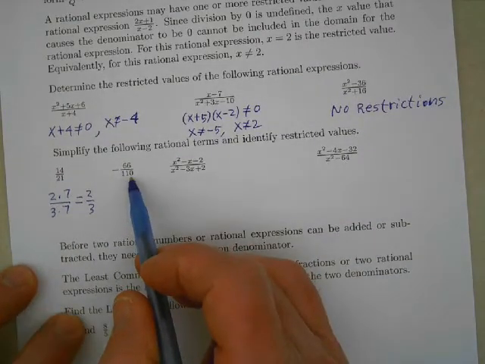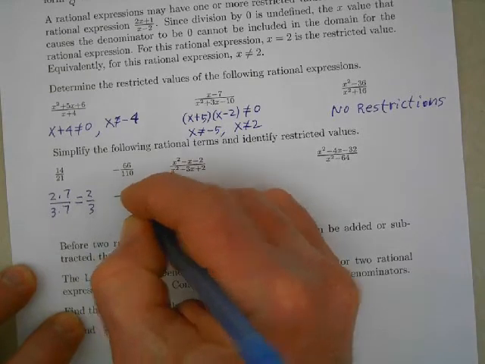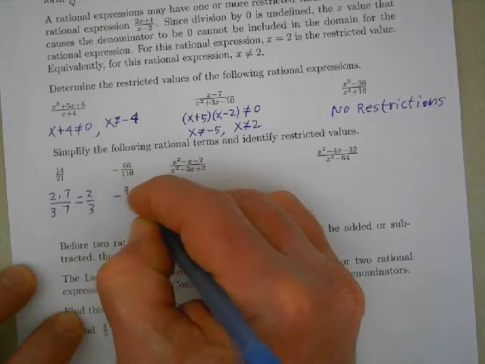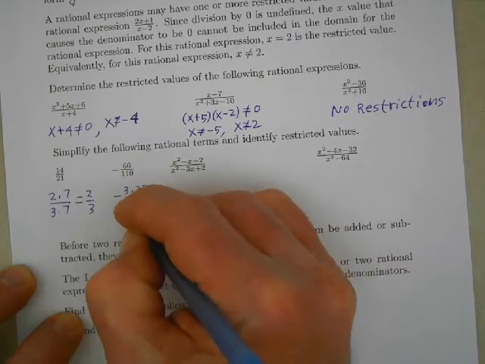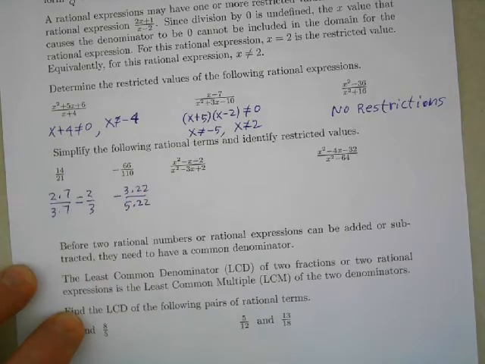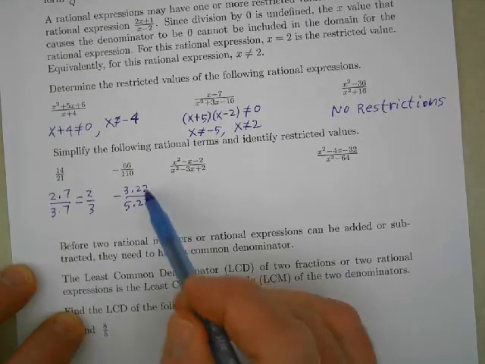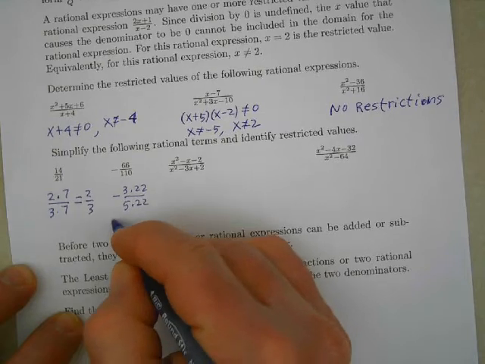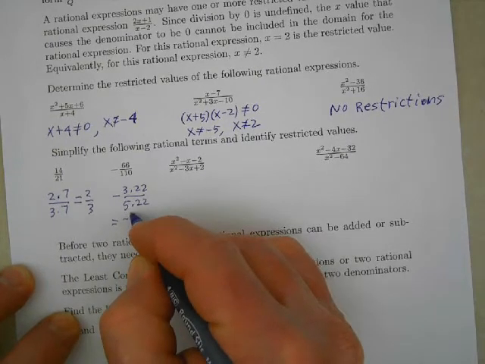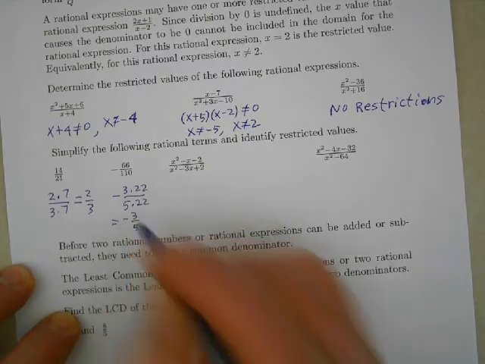Negative 66 over 110, you can think of this as negative 3 times 22 divided by 5 times 22. And 22 divided by 22 equals 1, so this rational number simplifies to negative 3/5.